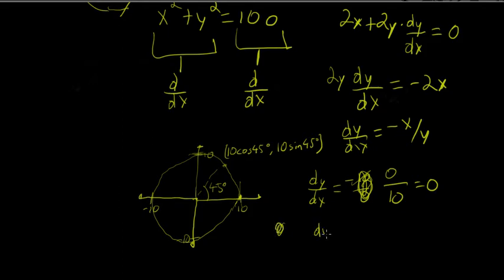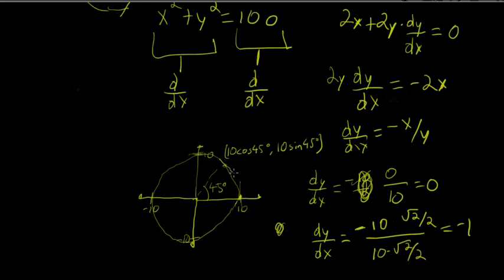So dy dx will equal negative 10 times the square root of 2 over 2, divided by y, which would be positive 10 times the square root of 2 over 2, and that's just -1. It looks like the slope is indeed -1 here. It looks like the line tangent to this is a line with slope -1.